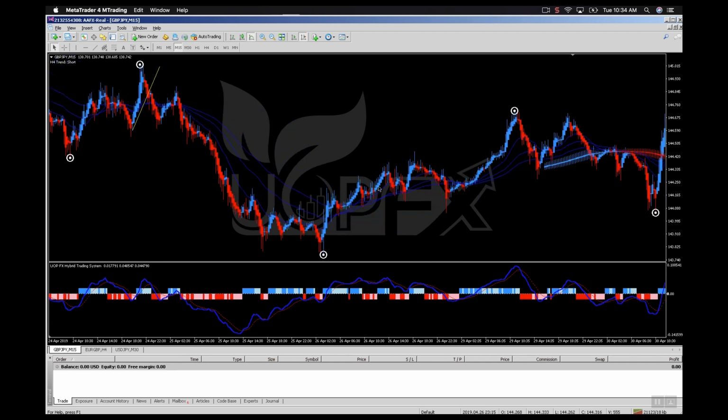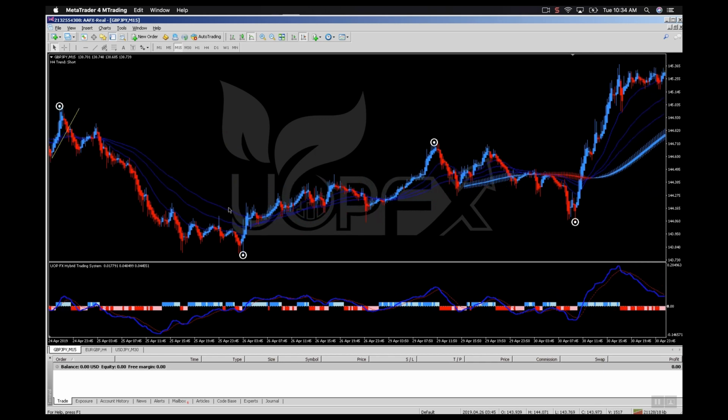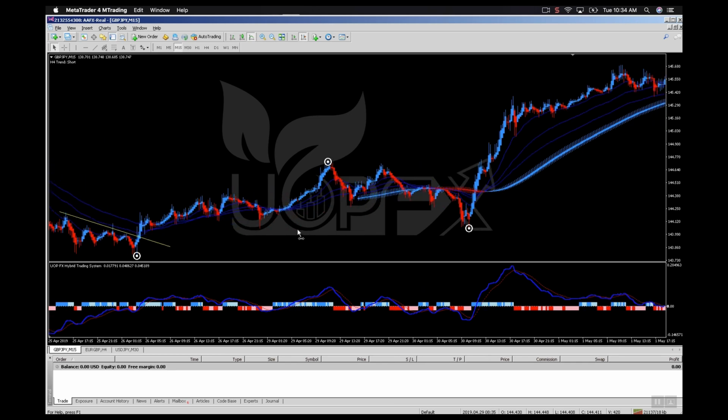Wait for the market to go up, even though you can trade this if you wanted to, but I'm just going to follow the trend. Okay, you could technically trade this if you did that, but we're following the overall trend. I'm not going to trade against it.